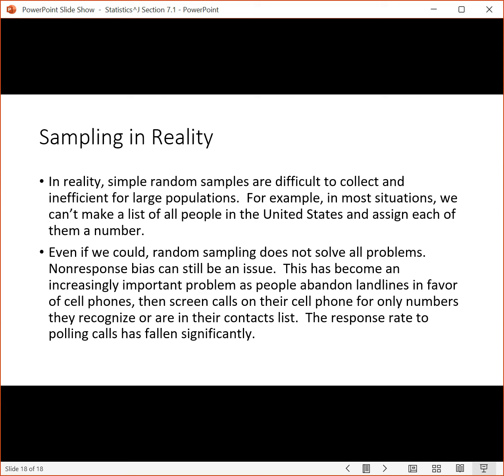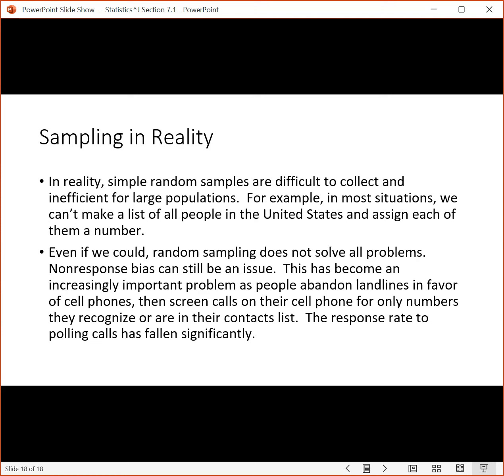Now, even if we could assign numbers to every person in the United States, we run into another issue, and that is non-response bias. So you might take 1,000 people from all the people in the United States, and randomly select, and it's purely random. You do a great job. You've got a 1,000-person random sample that is representative of all the people in the United States because it was randomly generated.